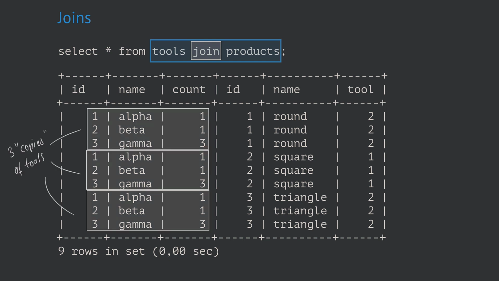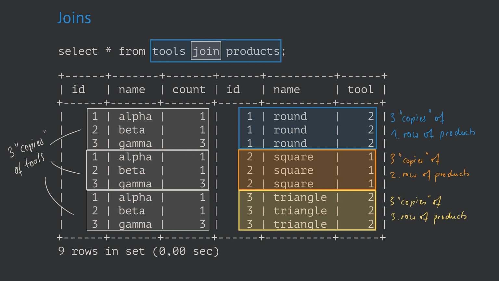The next thing we discover is that on the left-hand side we find 3 copies of the content of the table tools. On the right-hand side we first find 3 copies of the first row of the table products. Then we find 3 copies of the second row of the table products, and finally we find 3 copies of the third row of the table products.